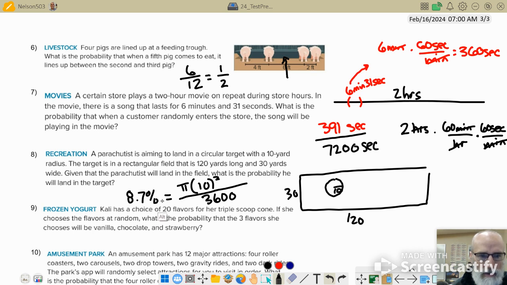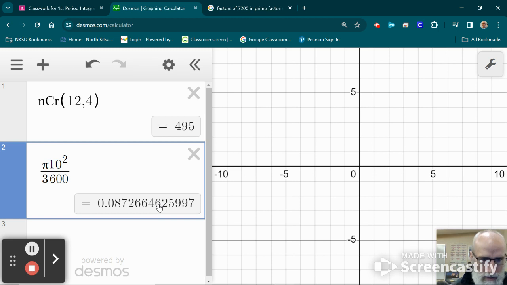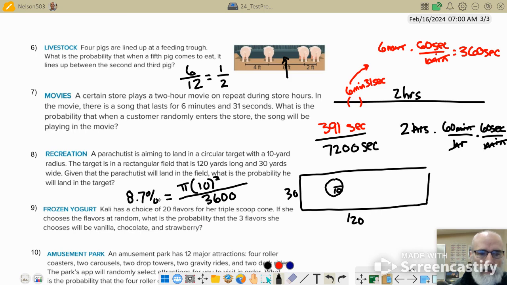Notice I moved the decimal over 2 places, 1, 2, and the decimal ends up between the 8 and the 7. And if I want to round to the tenths place, I look over here to the right, and we're less than halfway to 8. So I'm going to leave it as a 7 right there. That's why I have 8.7%. If you want to put it as a decimal, then you're going to go 0.087. Now, we need to tell people that we rounded this. So I'm going to put a dot above these equal signs saying these are rounded answers.